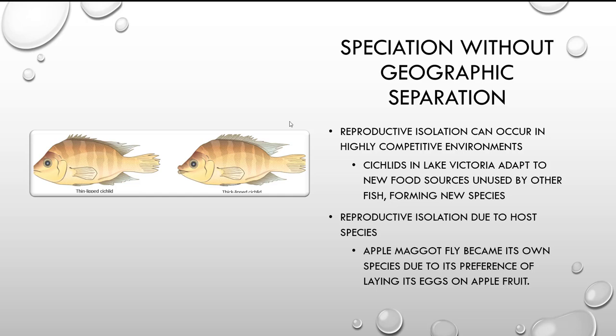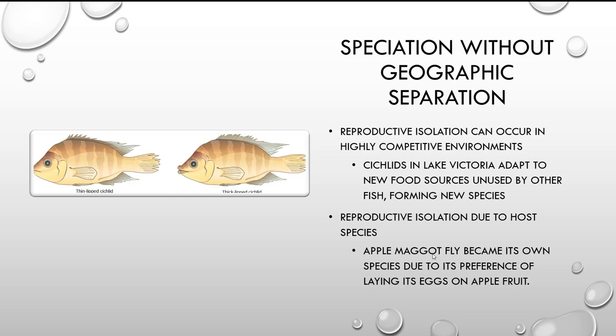Okay. We've also seen this just randomly. We see reproductive isolation occur due to a host species. So we have this apple maggot fly where it became its own new species due to its preference of laying eggs on an apple.